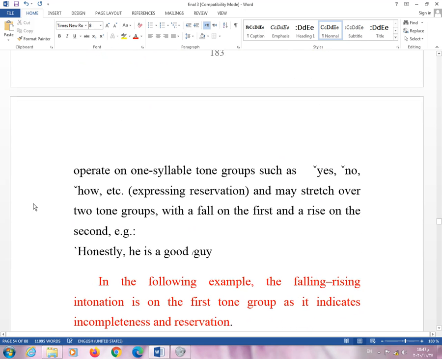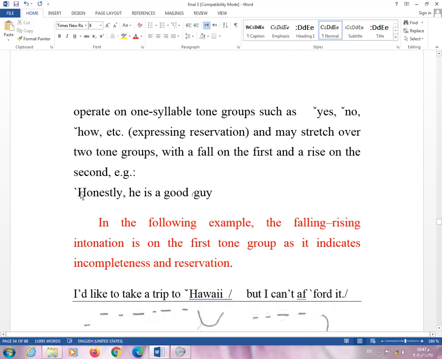The fall-rise operates on certain one-syllable tone groups such as yes, no, how, and it can stretch on two groups as you see here, or two words.